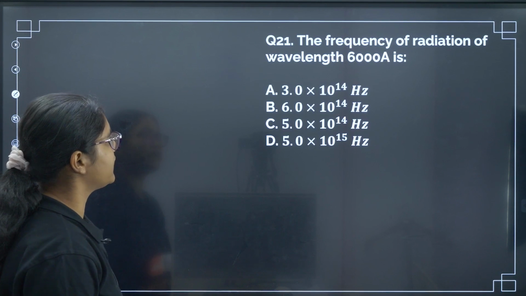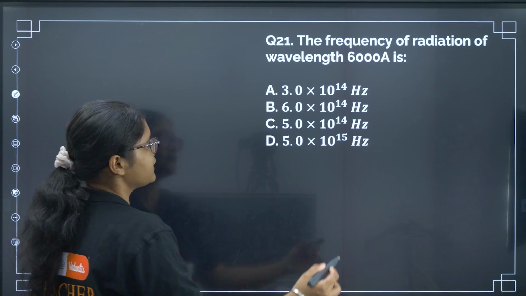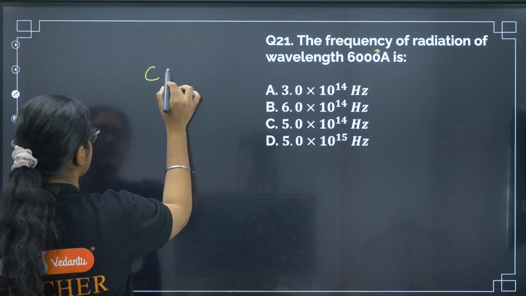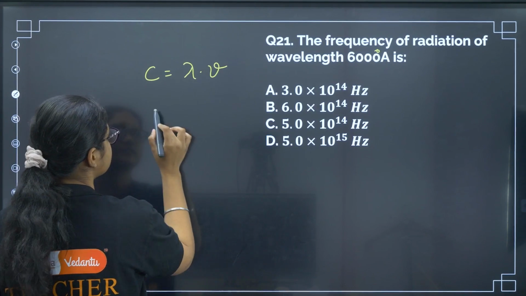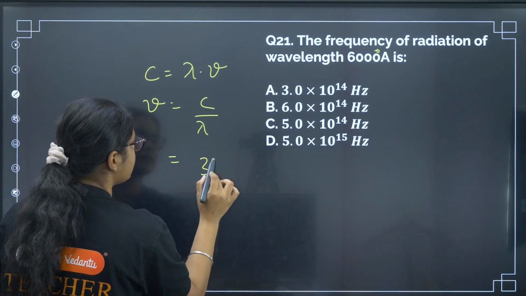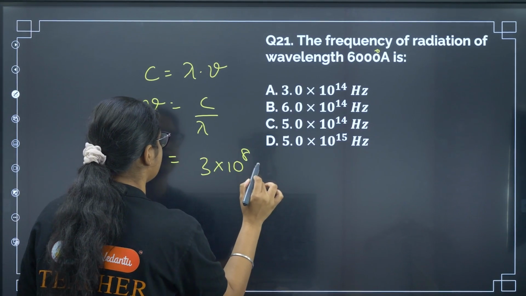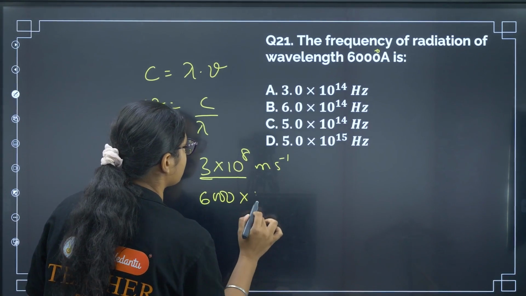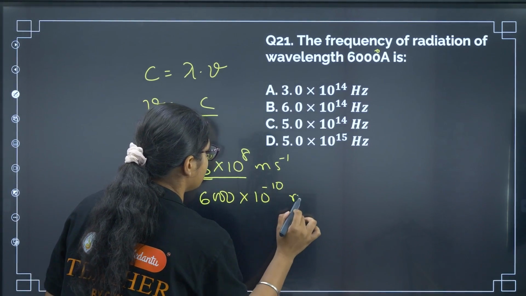The frequency of radiation of wavelength 6000 angstrom is. So this is a very simple question. We have c is equal to lambda into frequency. So if you want to calculate frequency, it is c by lambda. c is 3 into 10 to the power of 8 meter per second. Then lambda is 6000 into 10 to the power of minus 10 meter.